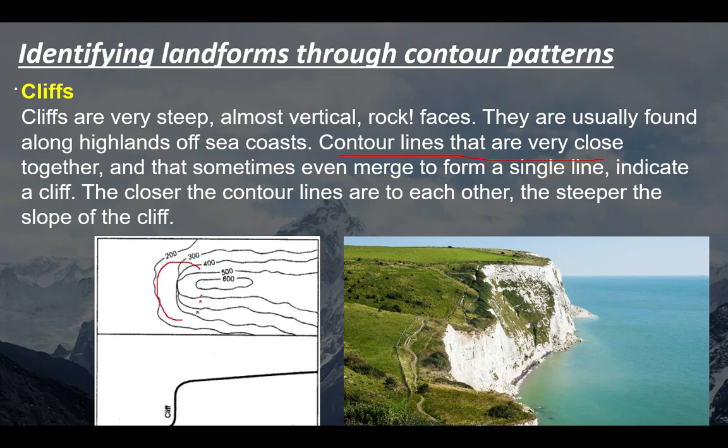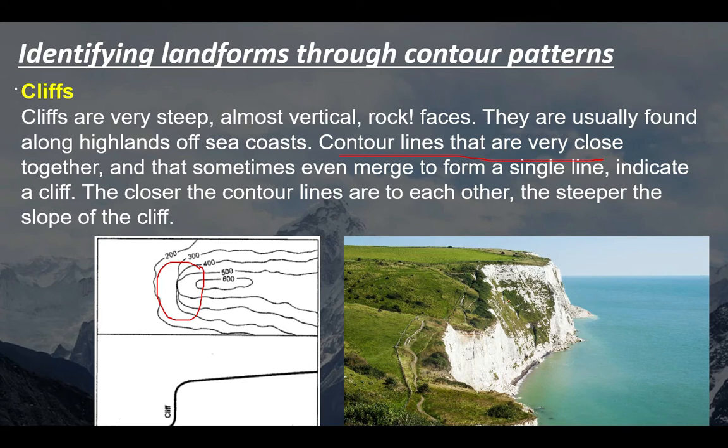See here, contour lines are very close. This is 300, 400, 500. These three lines closely form a single line. That is the cliff area. These three contour lines merge to form a single line, which indicates the cliff.